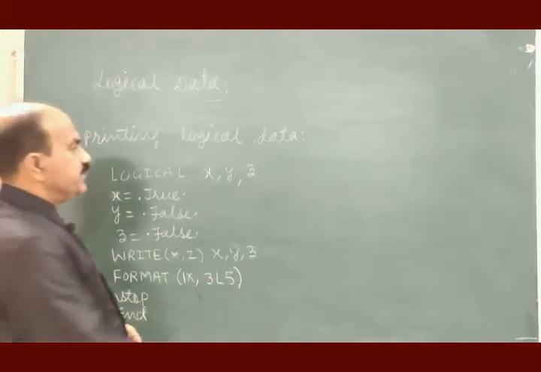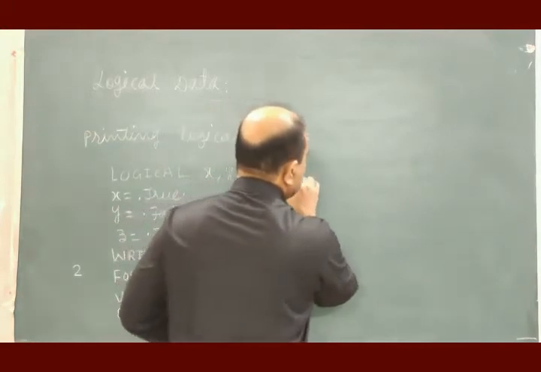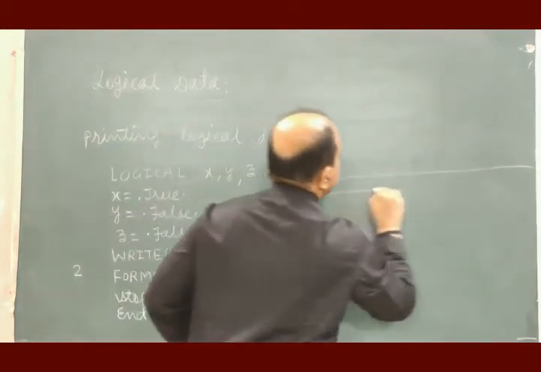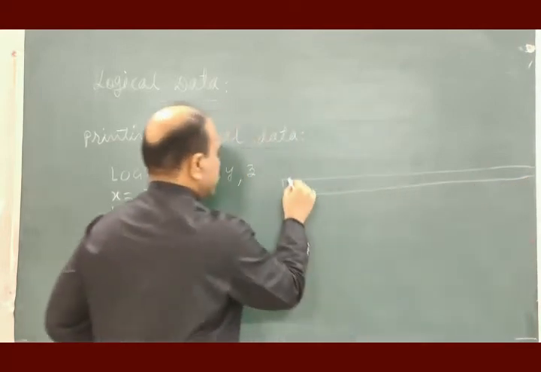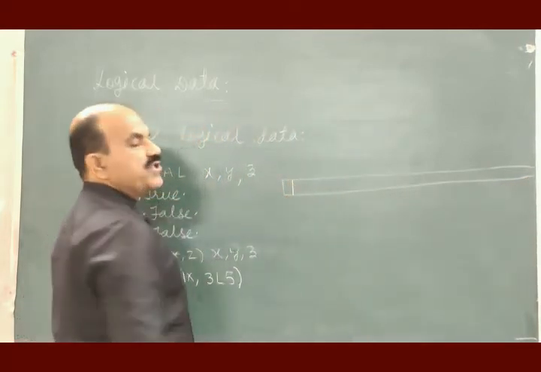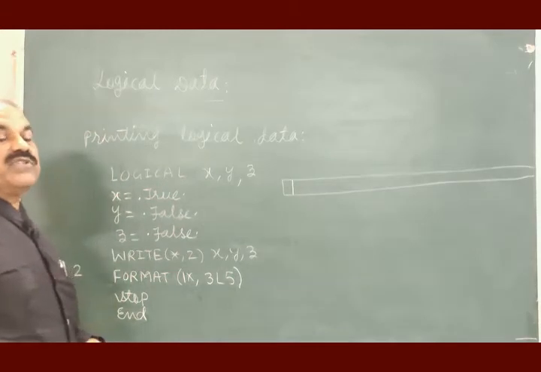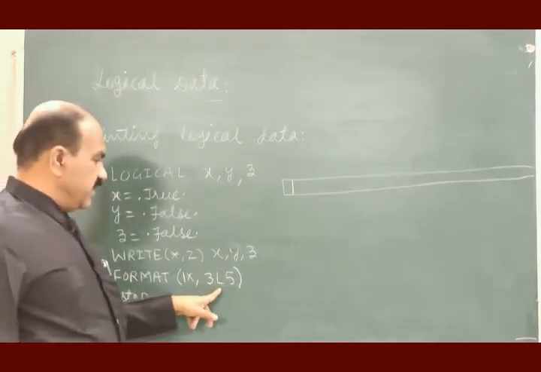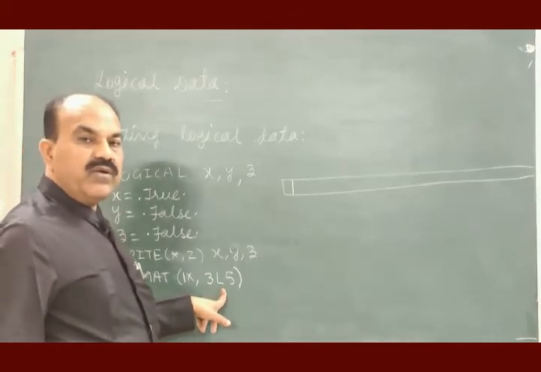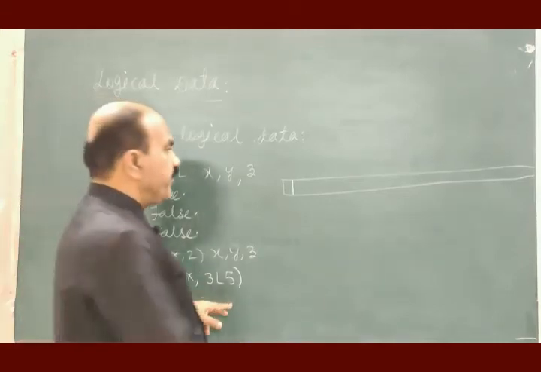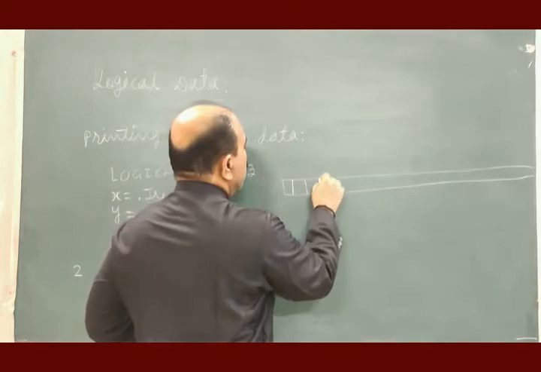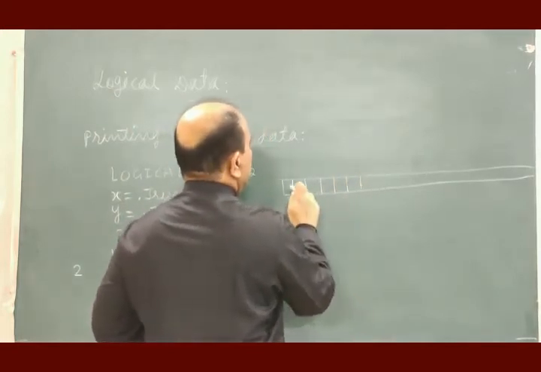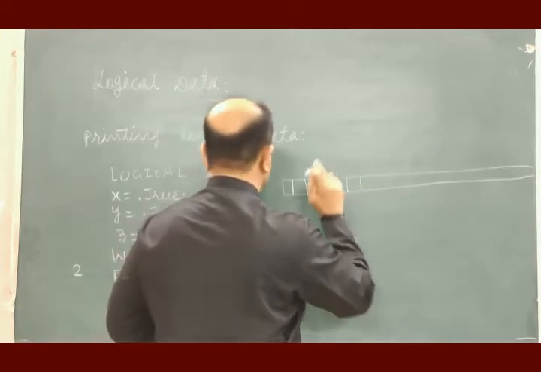What will happen in this output line? First column of output will be skipped as 1x is there. Then we have to take how many columns? 5 columns: 1, 2, 3, 4, 5.